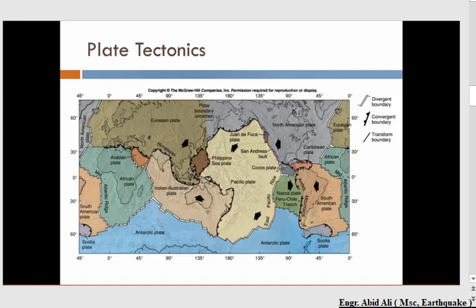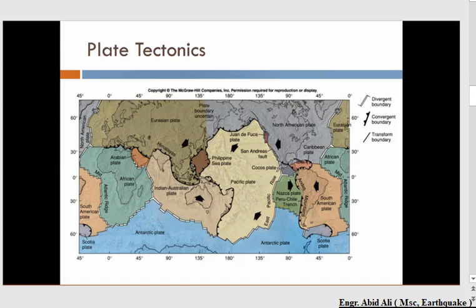So the driving theory behind why earthquakes happen is what's called the theory of plate tectonics. This is something we now teach in universities, and it's a very good theory, and there's a lot of evidence to support it.